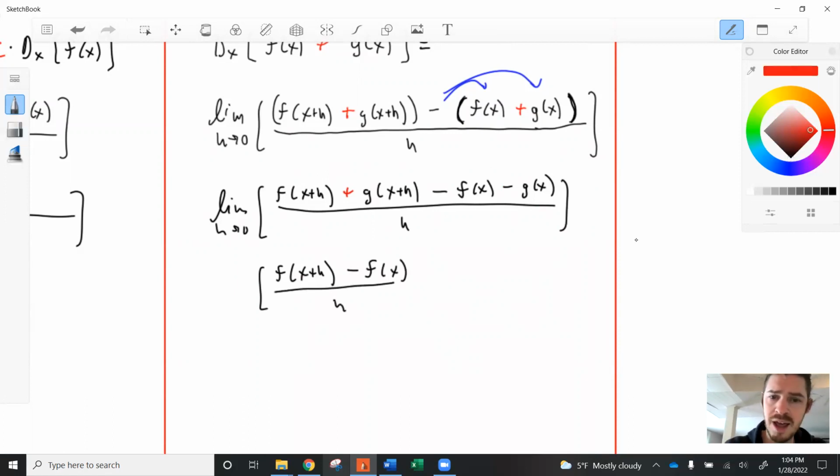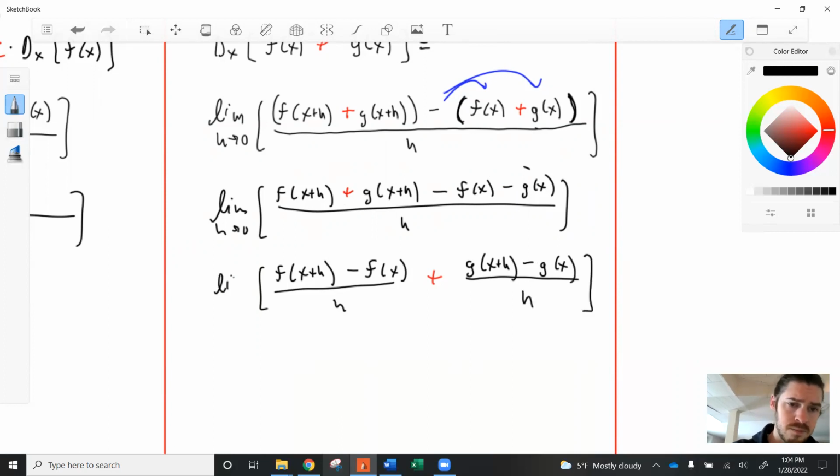And then that plus another fraction where I've got g of x plus h, positive, minus this g of x, and all of that divided by h. And now we can use the fact that limits distribute over addition.